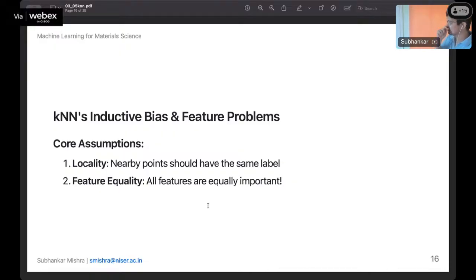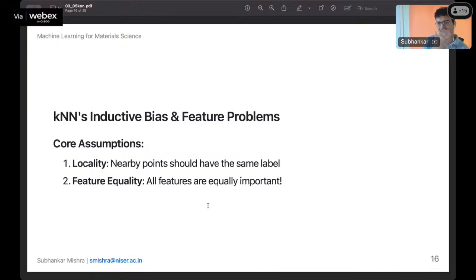There is one more thing we do here, and just to point out, there is also feature equality. Feature equality means all the features are important. So if we calculate the distance of, let's say, the point x1 and y1 from another point x2 and y2, we assume that all the features are important.